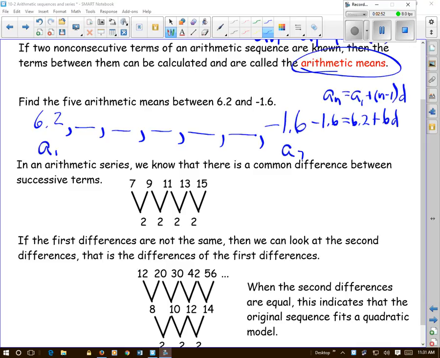Go ahead and solve that. So we find that d is negative 1.3.